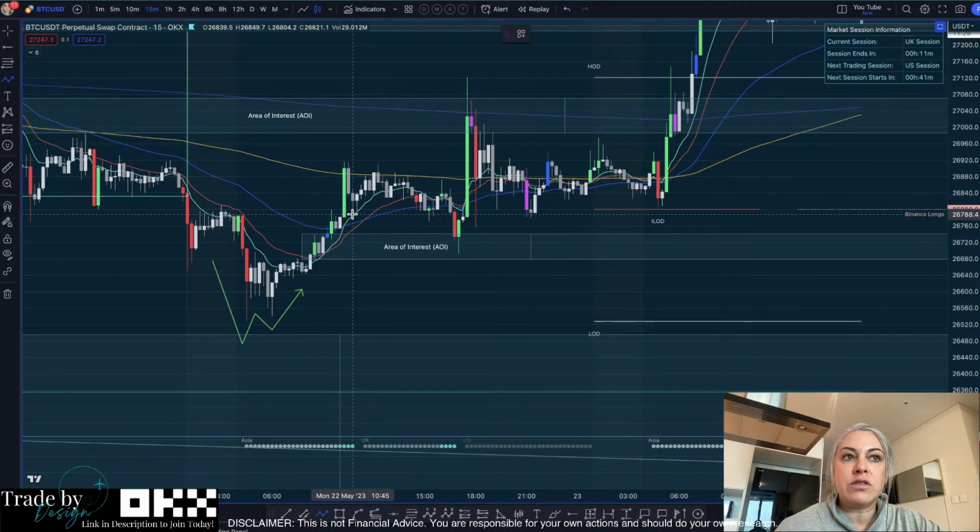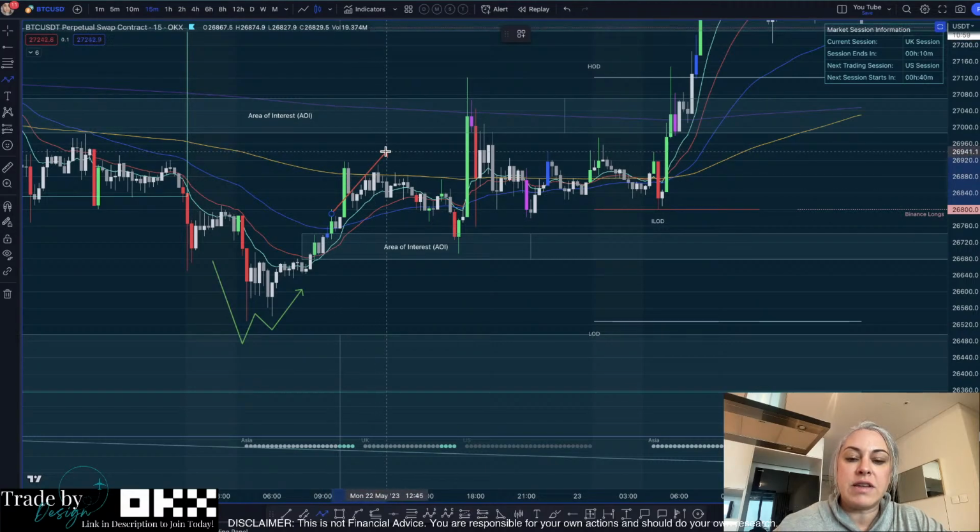A setup is just an idea of what you think might happen, and if it does happen that way, you'll have your trigger to enter. Or if you get good enough and fast enough at trading, you can see when your setup is not the right setup, and you can quickly pivot if you can recognize what the real setup and the real trigger is going to be. So in yesterday's video, I talked about two options.